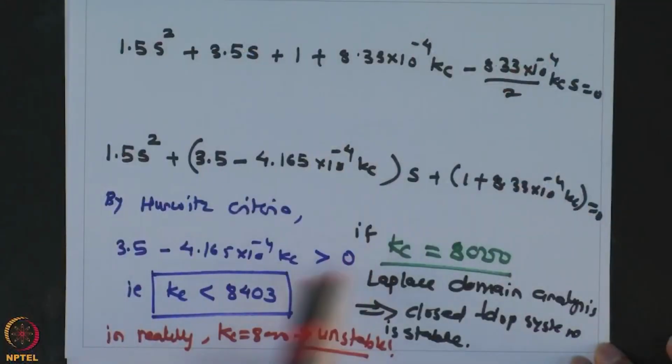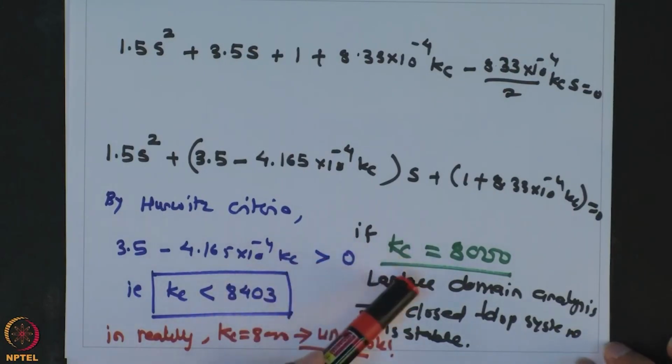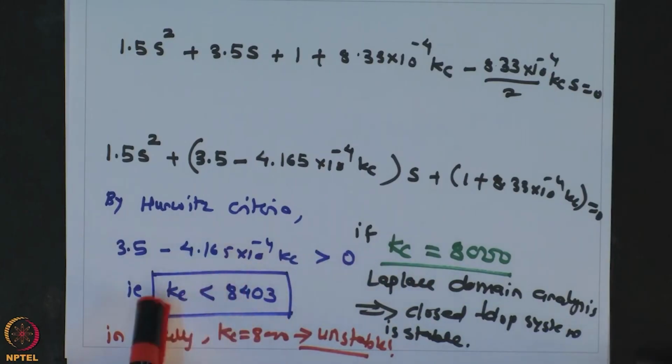Whenever we do approximation, we are going to get an approximate stability limit which is not going to be true, and you can see that it is quite a drastic difference: even if I use Kc equal to 8000, which is quite low compared to the stability limit, I am having an unstable system.